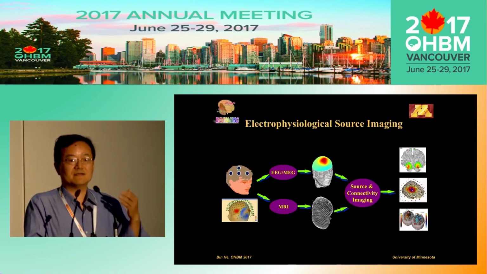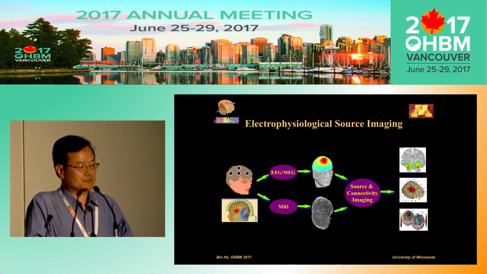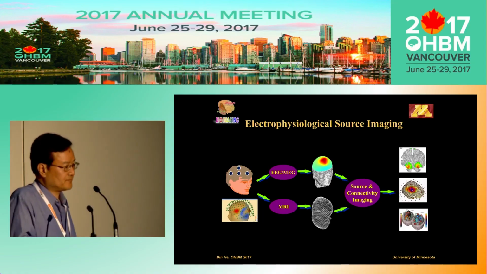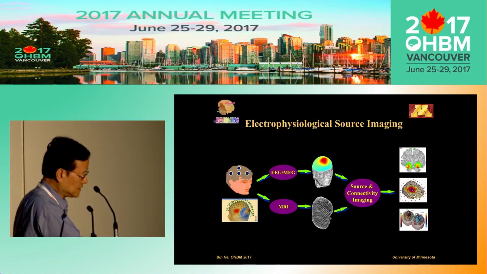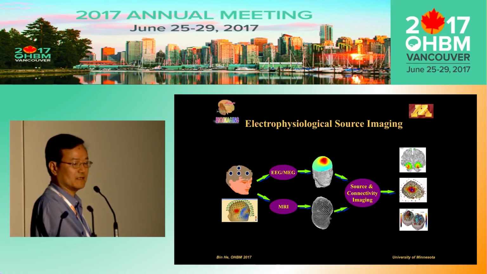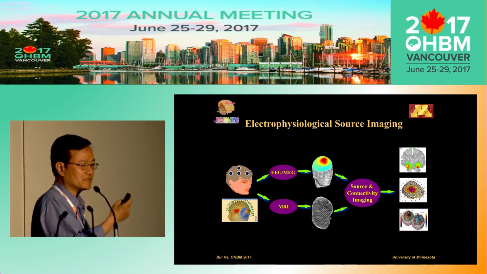So this is just to illustrate electrophysiological source imaging and what kind of technical issues are associated with it. If we want to get to functional connectivity, first of all, you start from the sensor domain. You get an EEG and MEG recording, so you get the electrical or magnetic functional information that reflects the neural excitation through volume conduction.